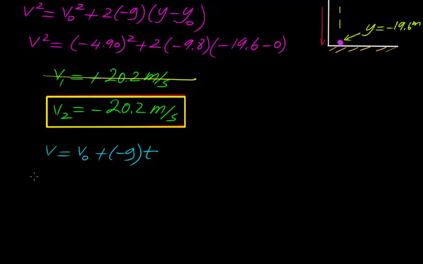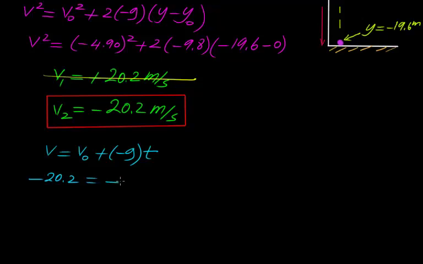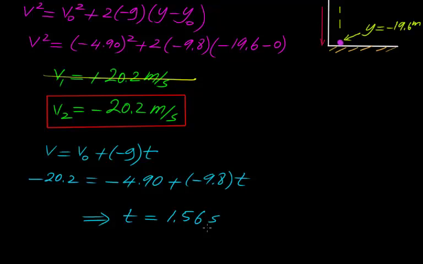Substituting for the final velocity to be negative 20.2, that's very important, the negative sign, equals the initial velocity, which is also important to be negative, 4.90, plus negative 9.8 times the time t. Solving for the time t, we obtain 1.56 seconds.